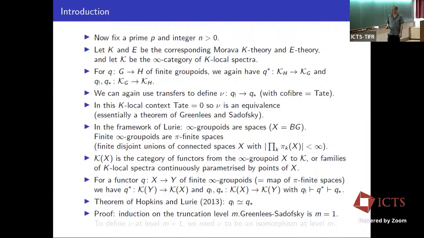An interesting feature of it is that it's not totally formal that we should have this map nu from the left adjoint to the right adjoint. And if you want to define nu even at the next level, you already need to know that nu is an isomorphism at the previous level. It's an interesting feature of the way this fits together.